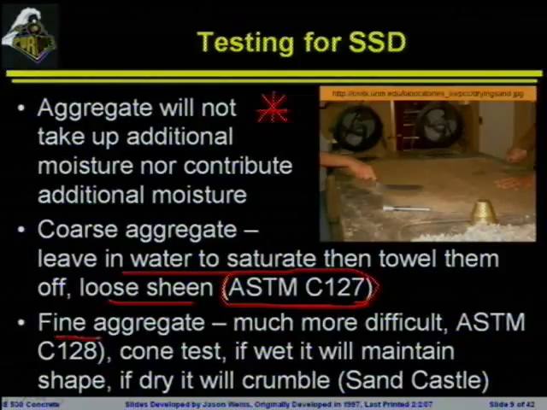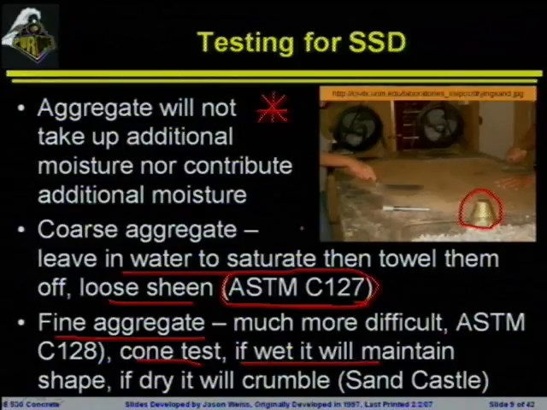The one that is a little bit trickier is the one on fine aggregate. As you could imagine, it would be pretty difficult to take a towel and towel dry a pile of sand. So instead of the towel-dried approach, what they will actually do is make a cone out of that sand. When the cone test is done, if the material is wet, it's going to maintain its shape.